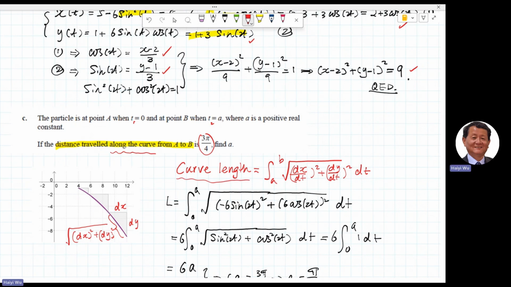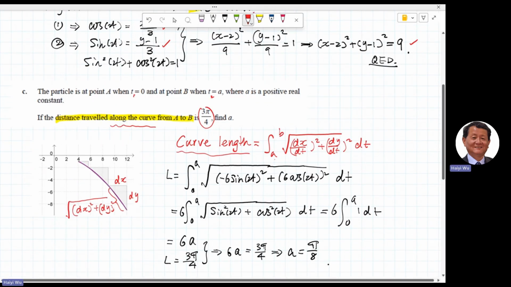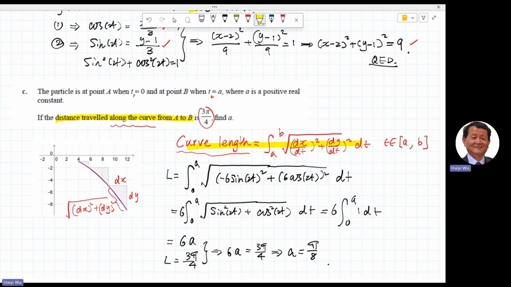Now the curve length formula is used from A to B, over the t interval from A to B. Now this is different to this A. This is the formula. How do we prove that? Let me briefly look at the curve. If you look at the curve, it's got rise over run.